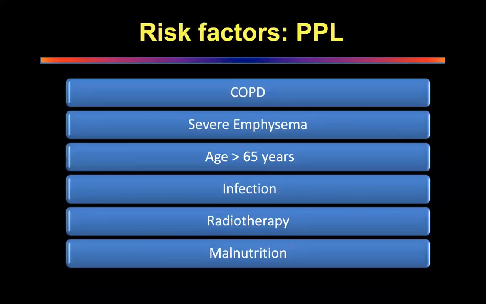There are a lot of factors which are risk factors for prolonged air leak. Predominant among them are lung conditions, advanced age, presence of previous radiotherapy, malnutrition, and each of these is from the guidelines and from the databases.